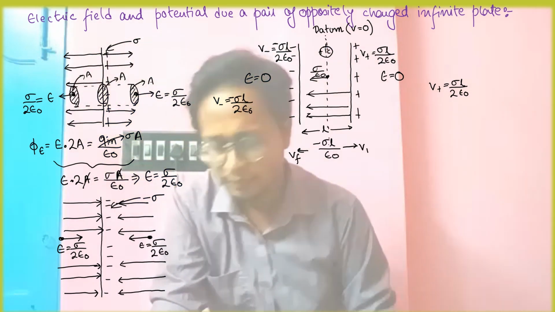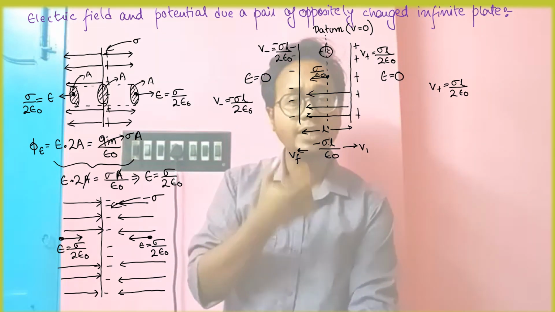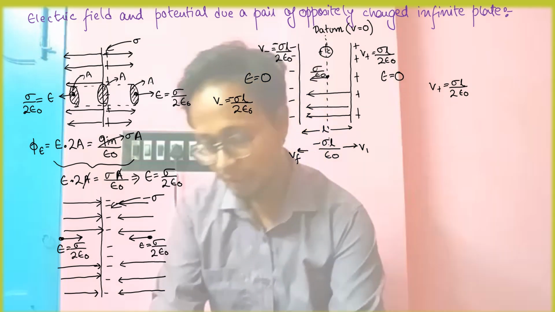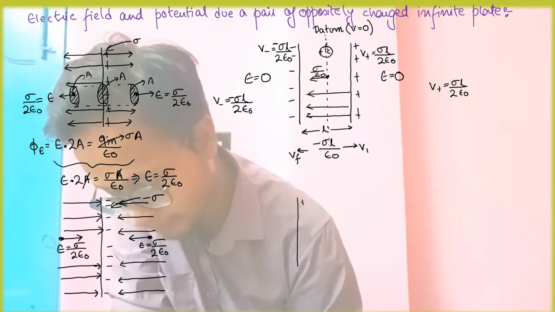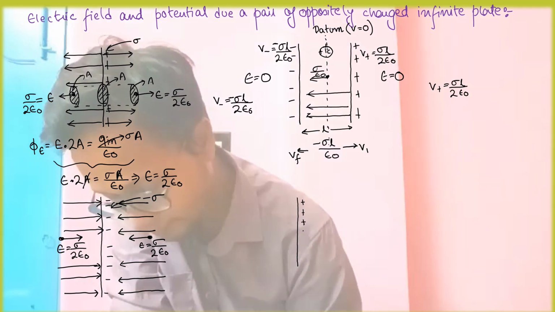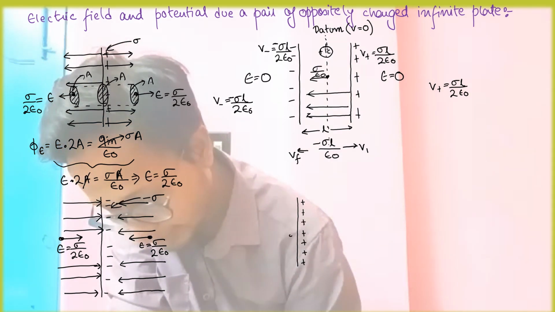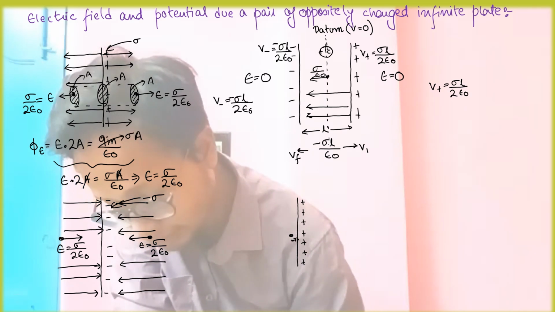Understood? And one more doubt you might have is, what happens if the plates are not infinite? In physics, whenever I talk about infinity, suppose there is an infinitely charged plate, what I mean is that the distance at which I have to find the electric field is very small compared to the size of the plate.